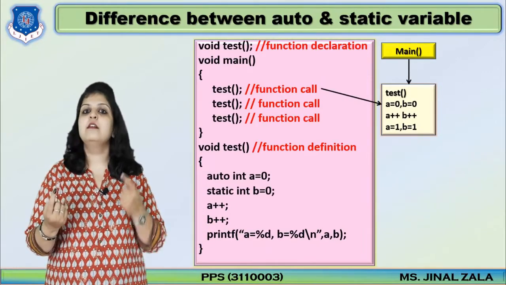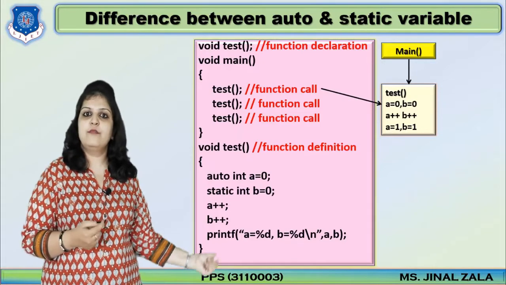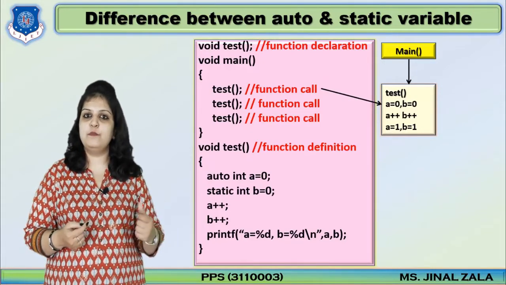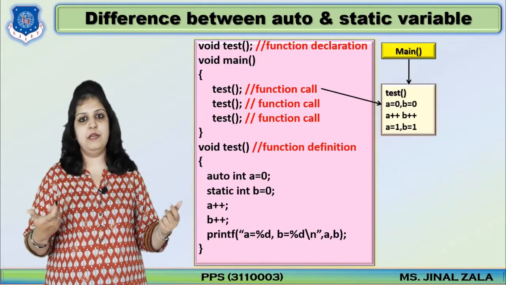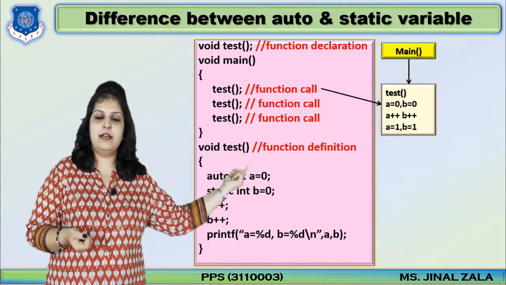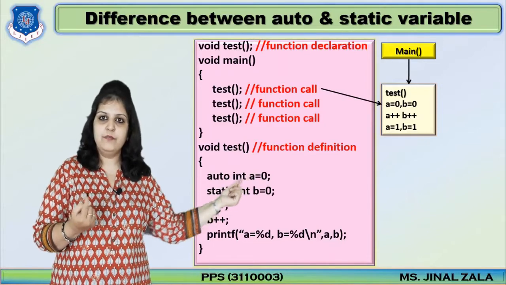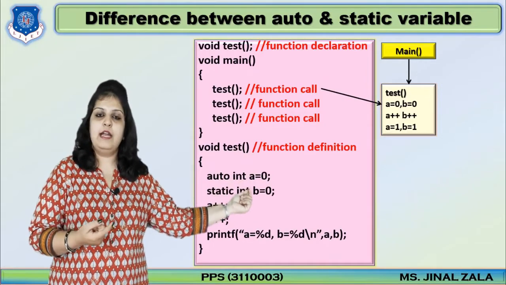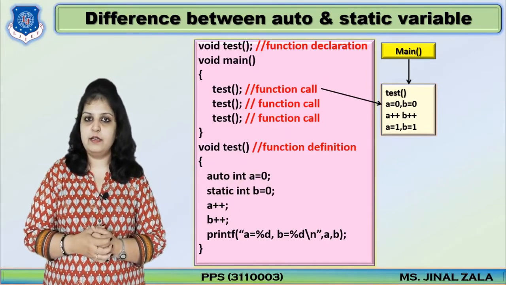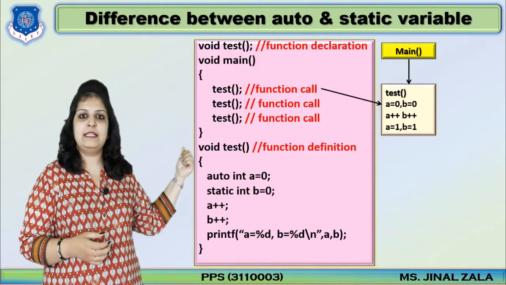So a becomes 1, b also becomes 1. When this printf executes, our output is a is equal to 1 and b is equal to 1. In the diagram you can see that in main function when test is called the first time, a will be 1 and b will be 1.